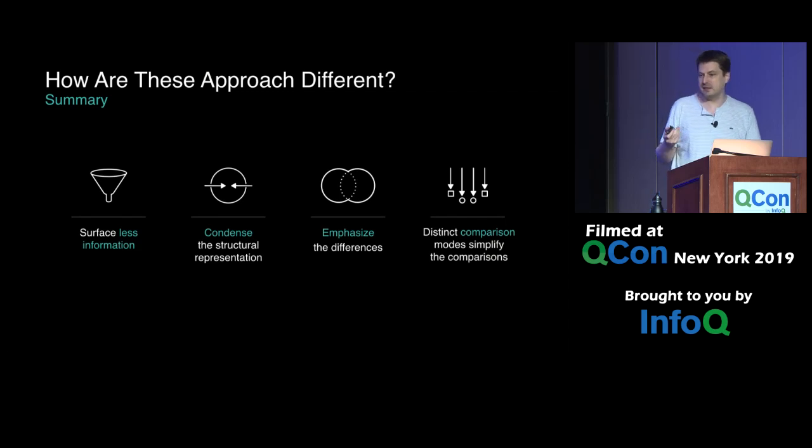Emphasizing the differences is really the key part, because when you investigate performance, that gives you a much narrower surface to focus on than looking at the whole thing at once. Finally, distinct comparison modes are very helpful because you can tune them to the specific problem you're investigating.